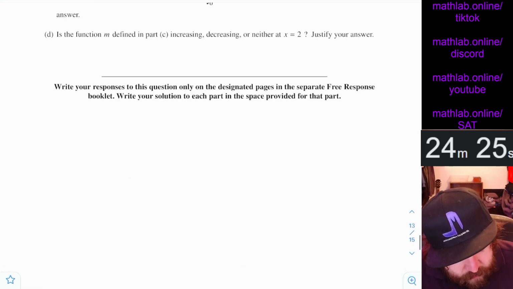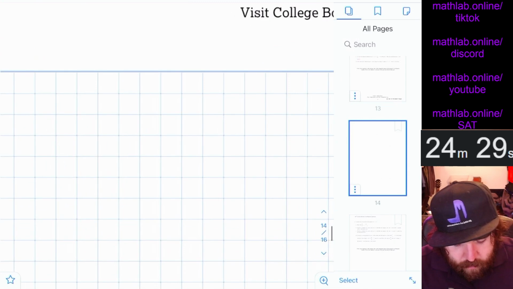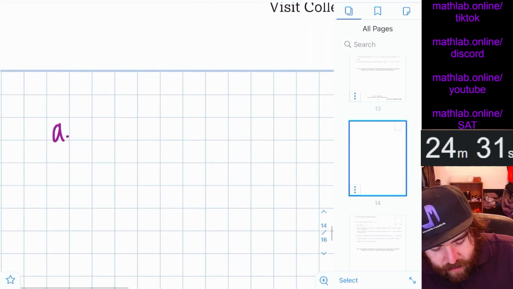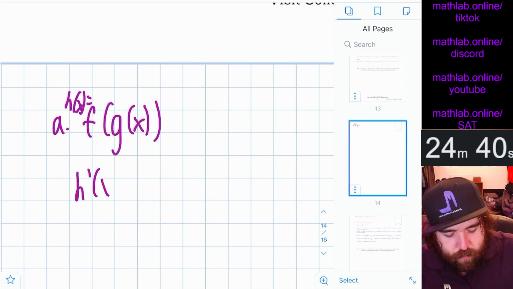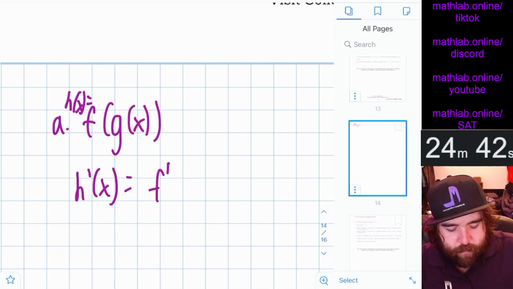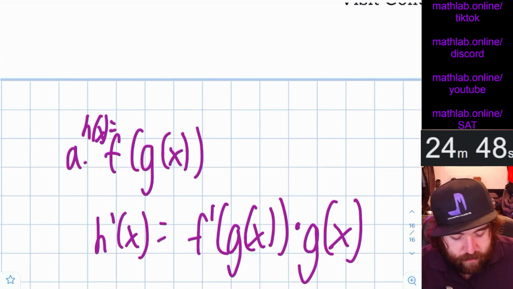Okay, easy enough. A little chain rule. So if h of x equals f of g of x, then h prime of x is f prime of g of x times g prime of x. Just your standard chain rule.